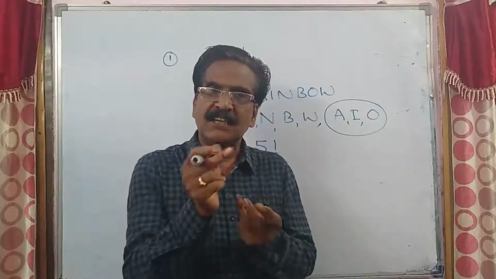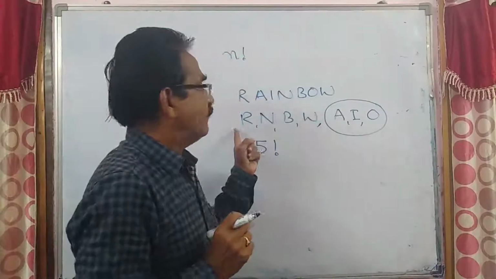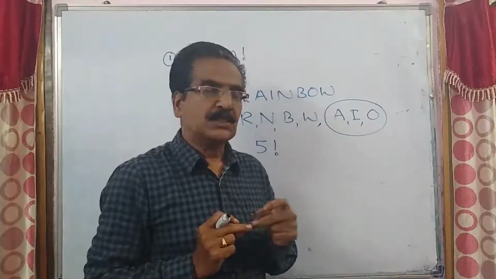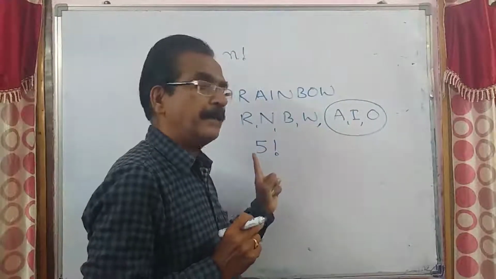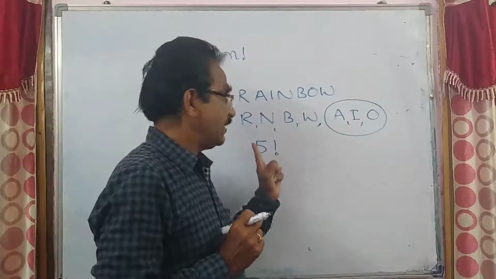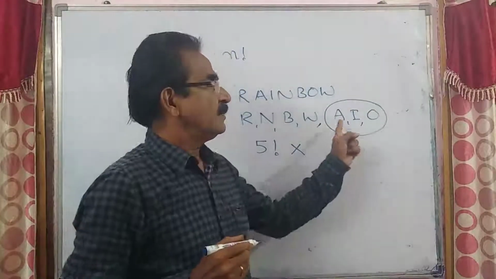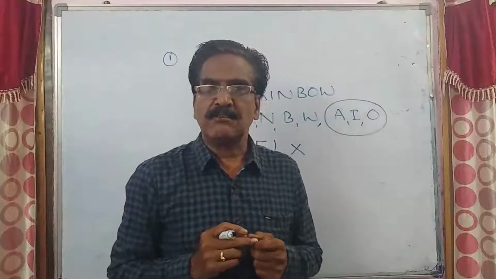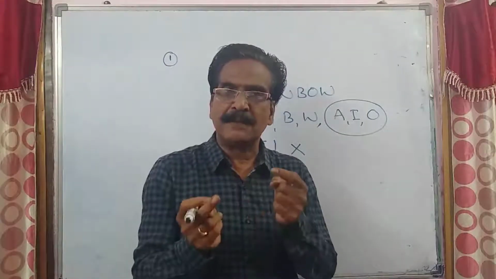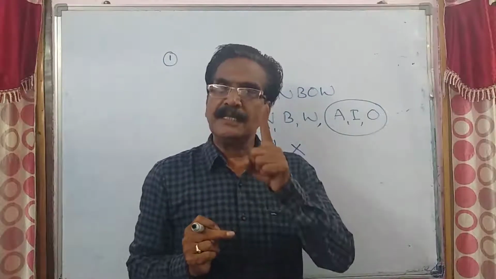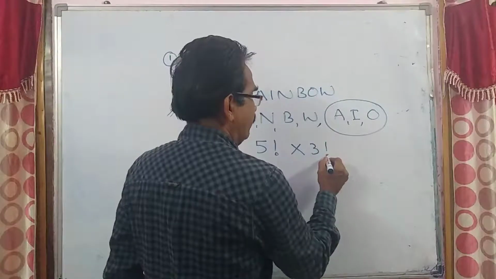So we consider all the 3 vowels as one unit and 4 consonants, in total 5 units. These 5 units can be permuted in 5 factorial ways. After that, these 3 vowels can be internally permuted in 3 factorial ways.